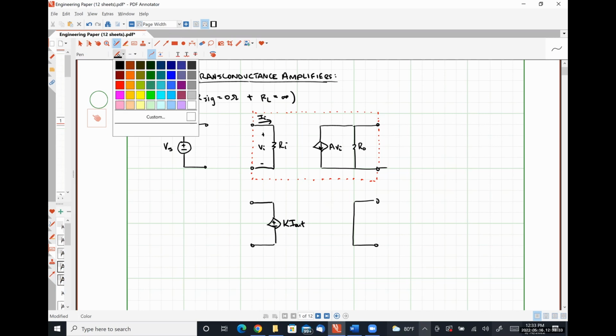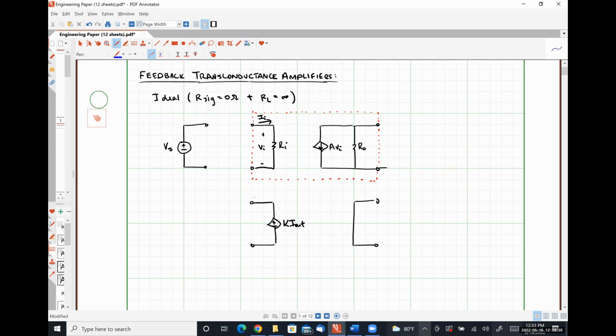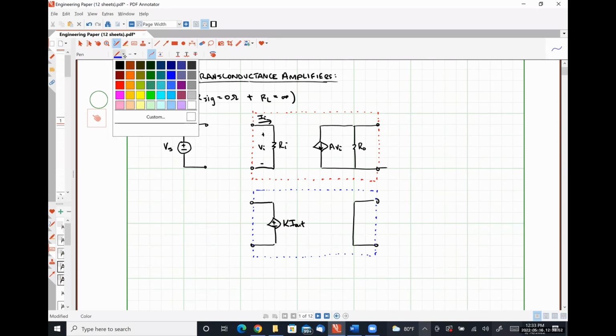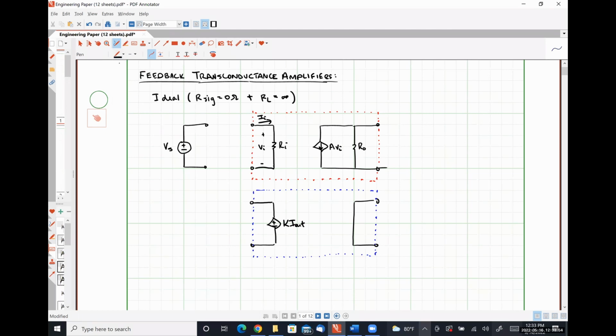Here's our feedback network. And as I mentioned a moment ago, we're going to connect things in series.